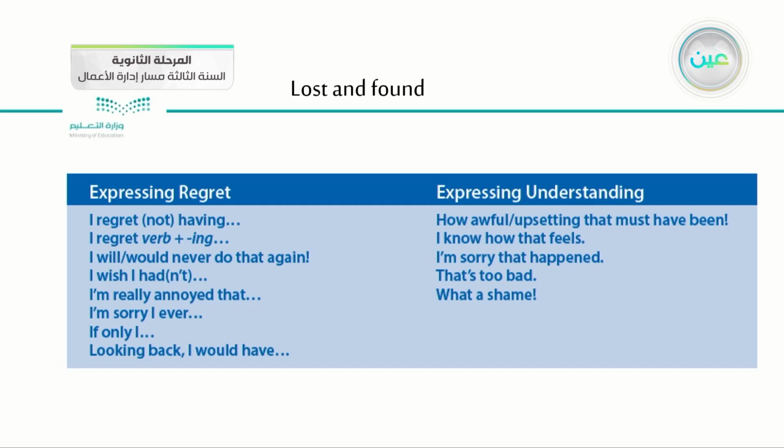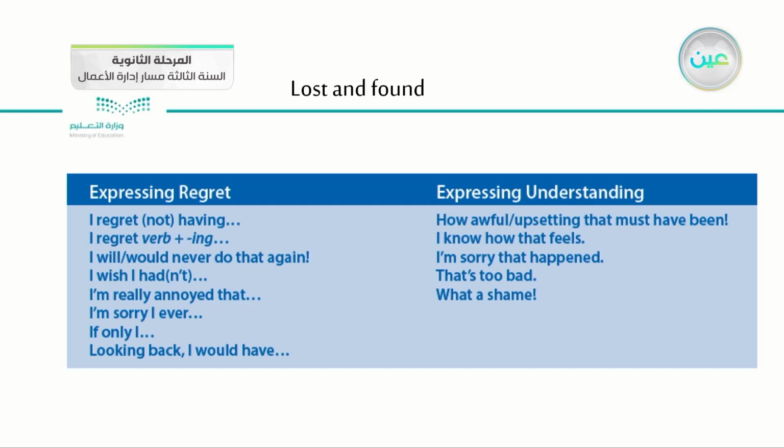If we put them in sentences, I regret, for example, not visiting my parents. So here you are expressing regret because you didn't visit your parents. I regret, for example, studying with my friends. I would never do that again.